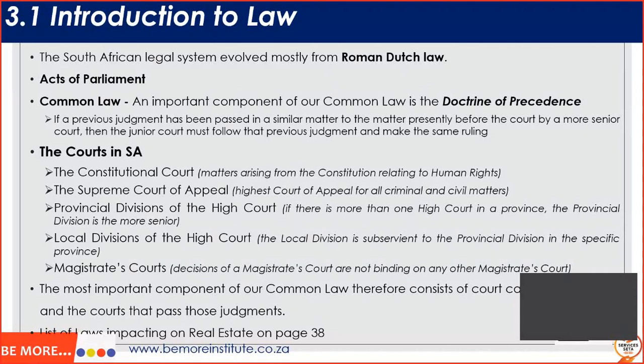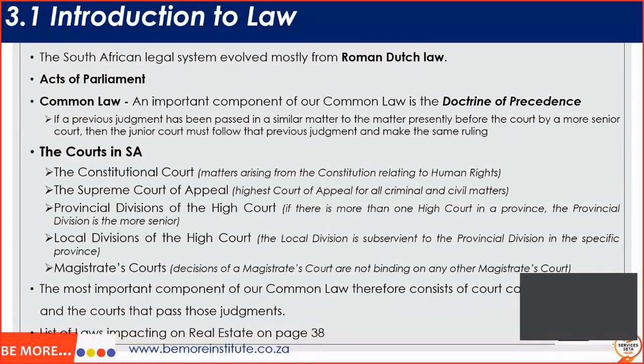The Supreme Court of Appeal is the highest court of appeal for all criminal and civil matters. Then we also have the provincial divisions of the High Court. If there is more than one High Court in a province, the provincial division is the more senior.